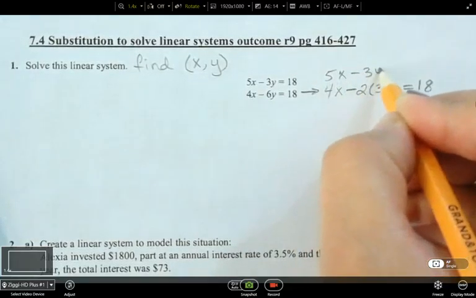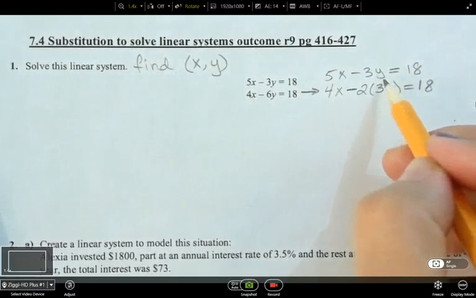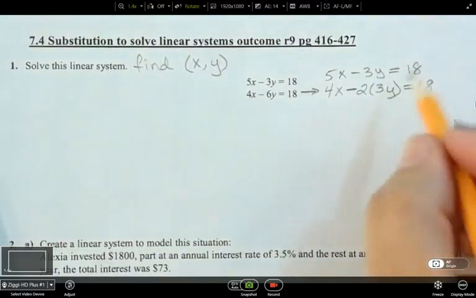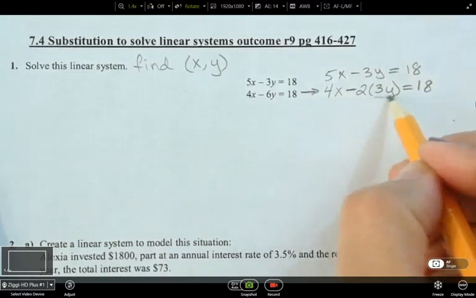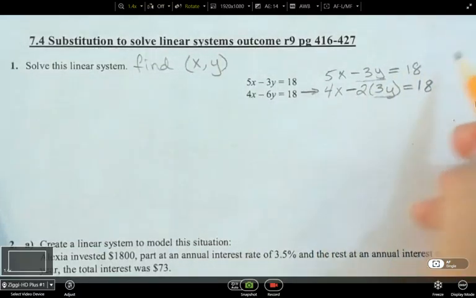Now, how do you think I can rearrange the first equation so that I can replace it within this second equation? What do you notice that is similar here? The 3y and the 3y. So what if I solve this for 3y?